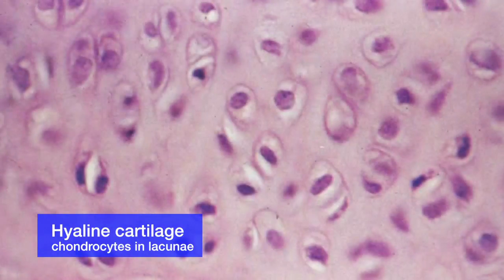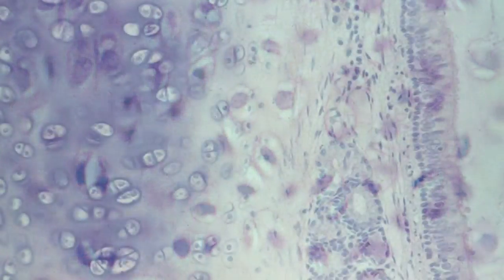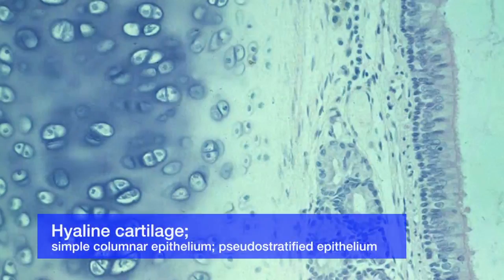Fine collagen fibers are not visible with ordinary staining techniques, and again, you can find chondrocytes in lacunae. This slide is for you to review. The left side of this slide is hyaline cartilage, and on the right side, I hope that you can find simple columnar epithelium and also pseudostratified epithelium.